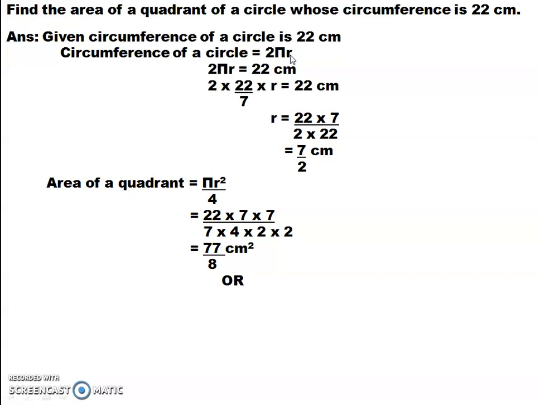So I'll equate it. 2 pi r is equal to 22 centimeter. So 2 into 22 by 7, the value of pi, into r is equal to 22 centimeter. Solving for radius r, you will get it as 7 by 2 centimeter.